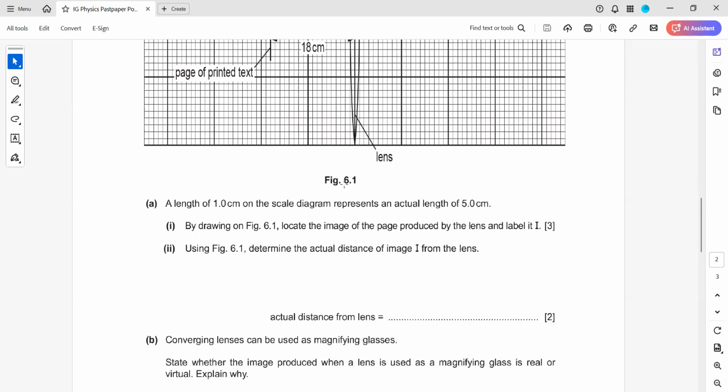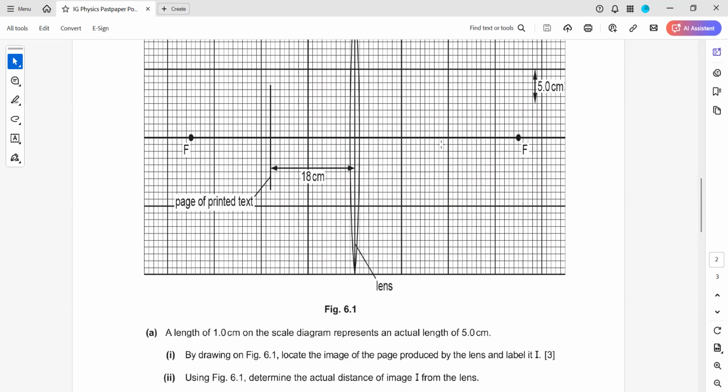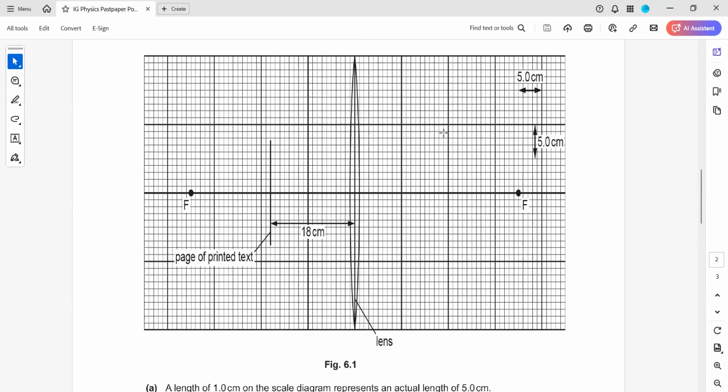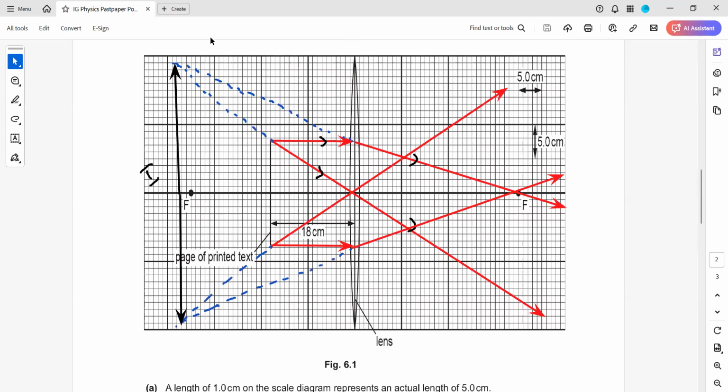Using figure 6.1, determine the actual distance of the image. How do you determine the actual distance? You will simply measure. They already mentioned the scale, and this has to be done according to the scale. We know 1 centimeter is equivalent to 5. So we measure this distance using a ruler.